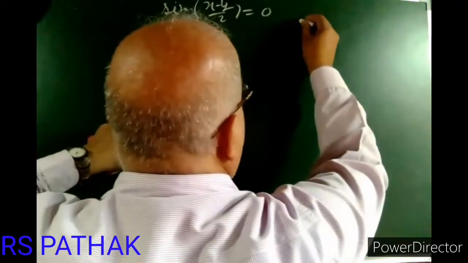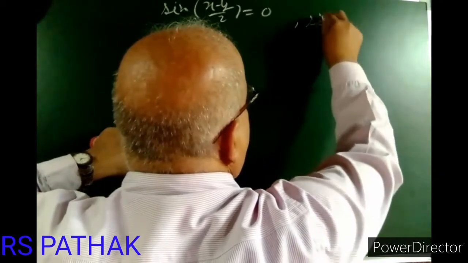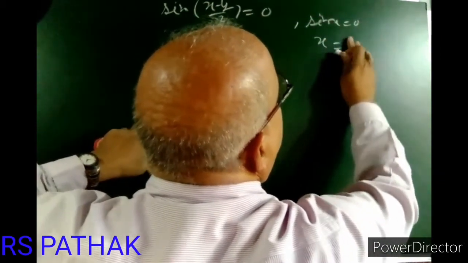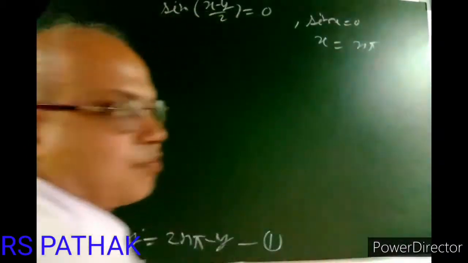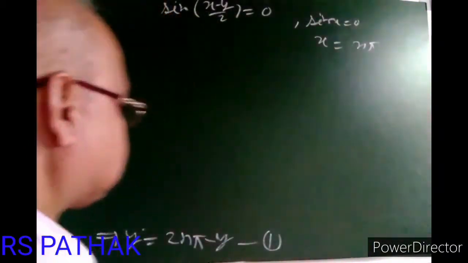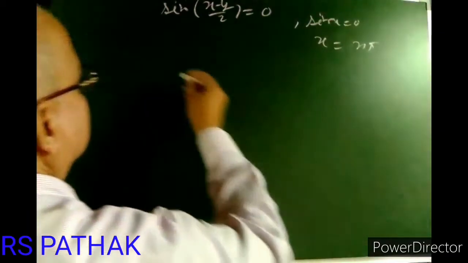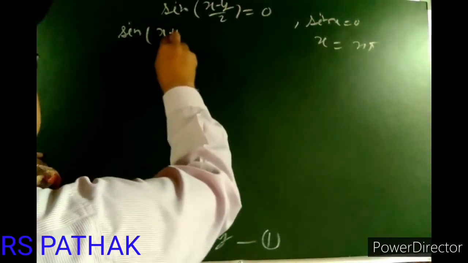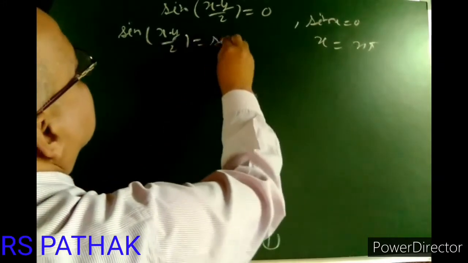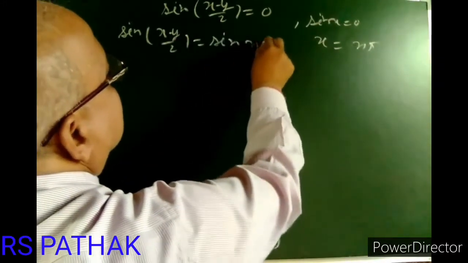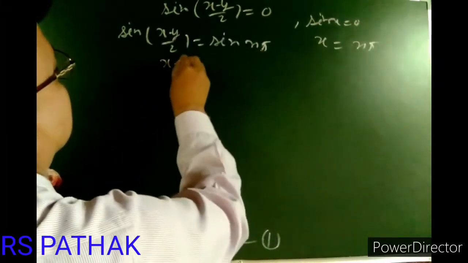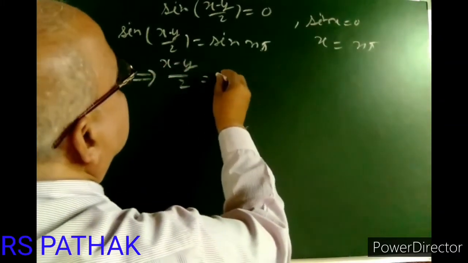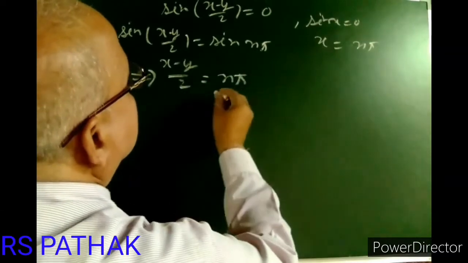Again, the general formula for sin x equal to 0, then x equal to n pi. Okay? Then sin (x minus y) upon 2 is equal to sin n pi. (x minus y) upon 2 is equal to n pi.